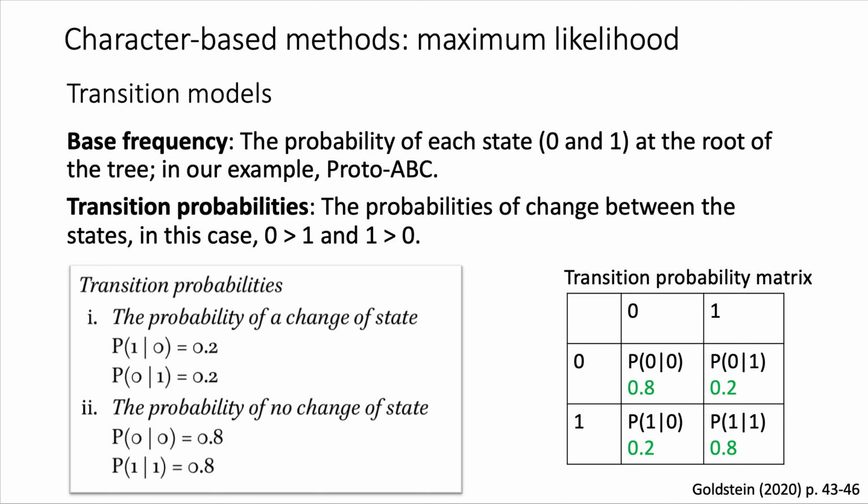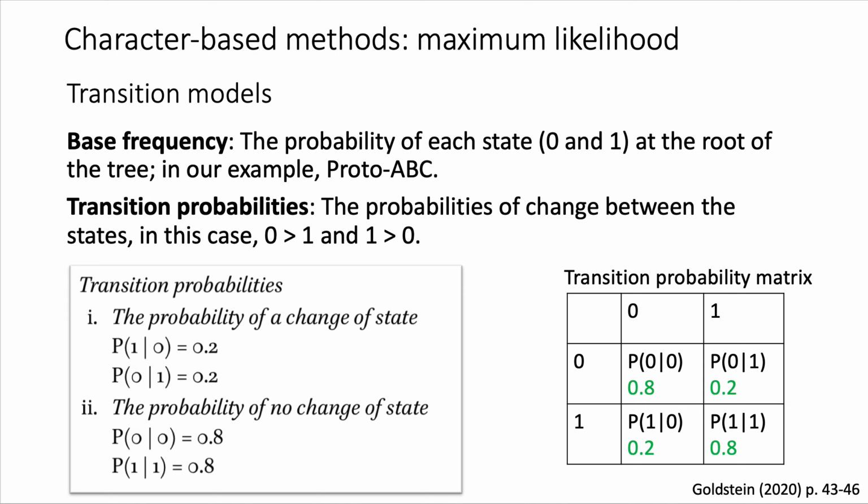The base frequency is the probability of each state, so this is either 0 or 1, at the root of the tree, in our example, proto A, B, and C. And additionally, we need transition probabilities. These are the probabilities of change between the states. In this case, we have one from 0 to 1 and one from 1 to 0.